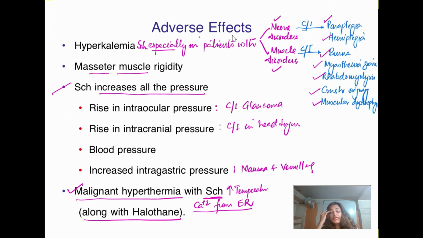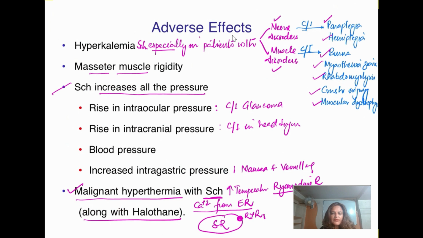This is also genetically controlled. It is an autosomal dominant trait. There is some abnormality in the ryanodine receptor. This receptor is present on the sarcoplasmic reticulum, the ryanodine receptor 1.